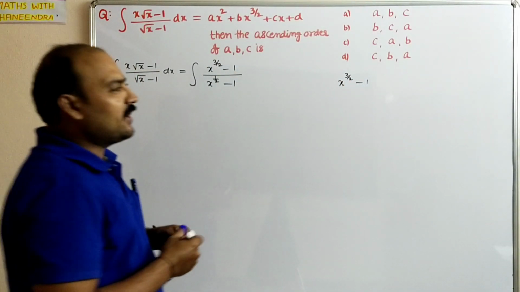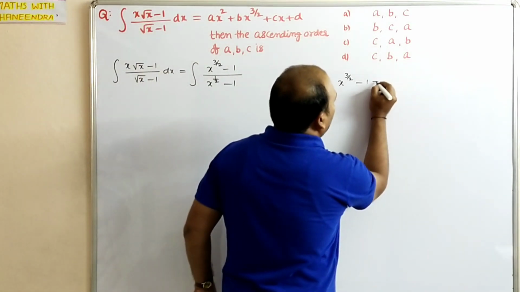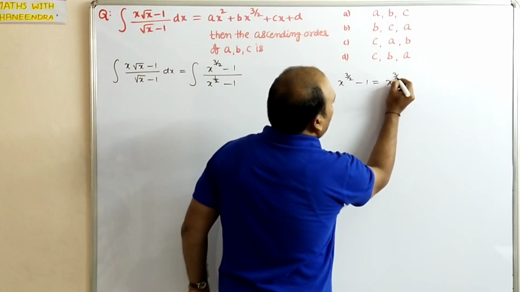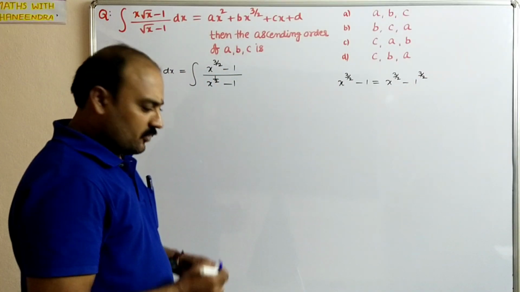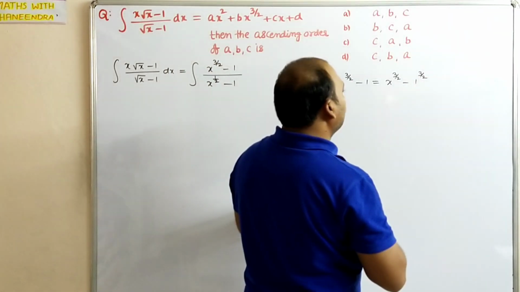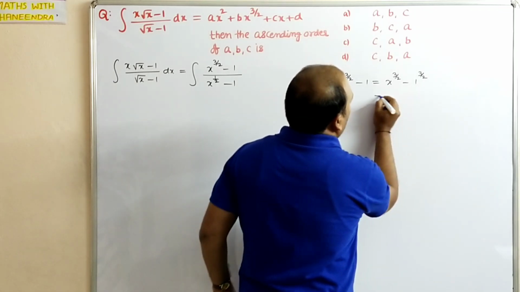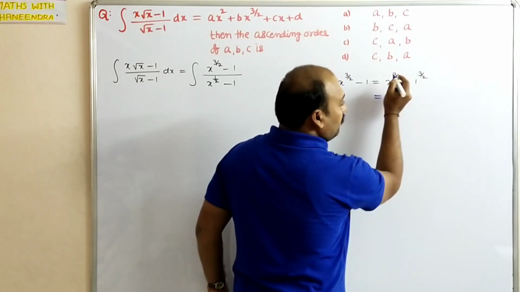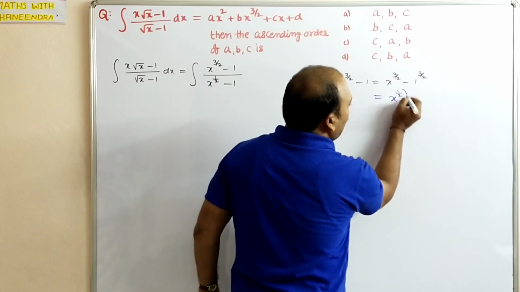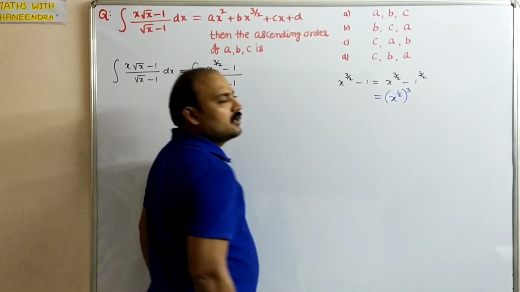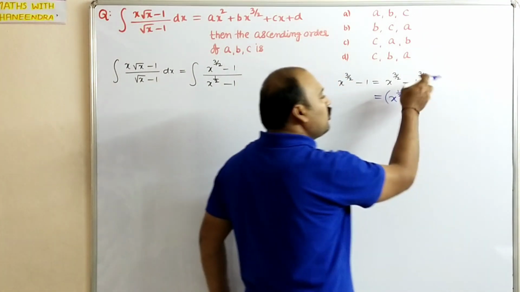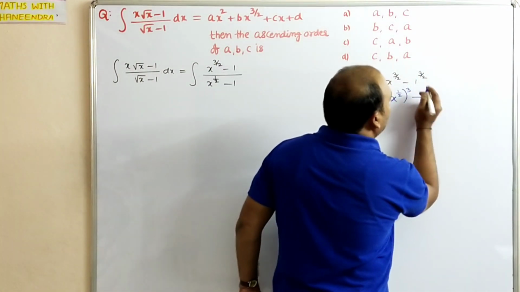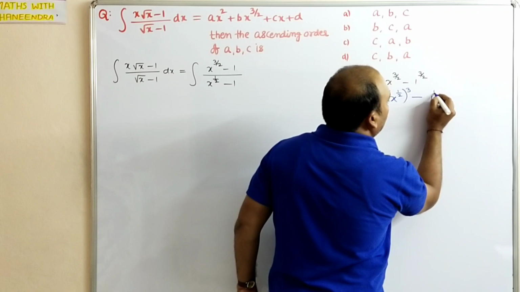1 also can be written as 1 power 3 by 2. X power 3 by 2 can be written as x power 1 by 2 whole power 3, minus 1 power 1 by 2 whole power 3.